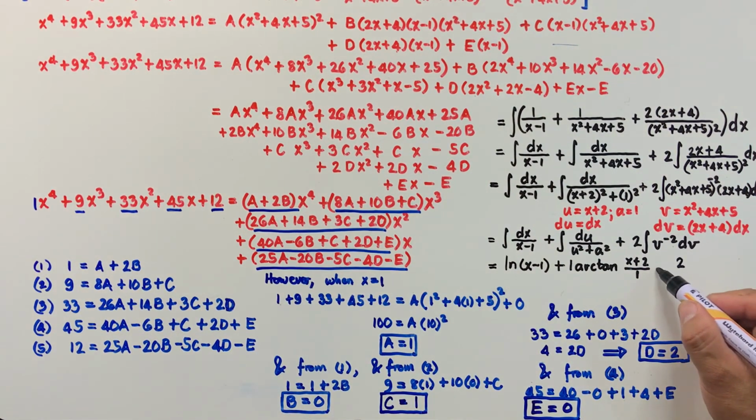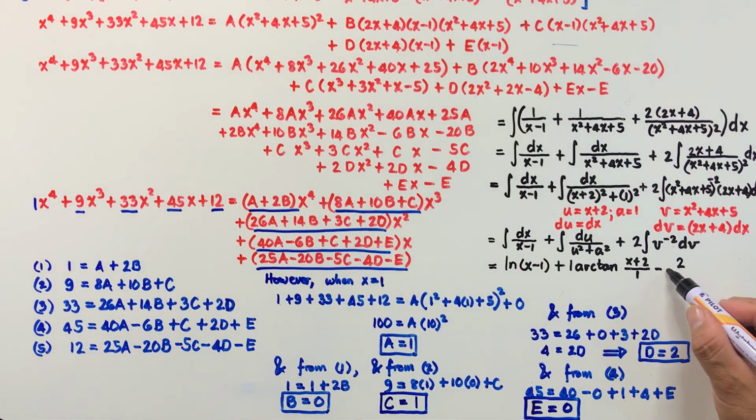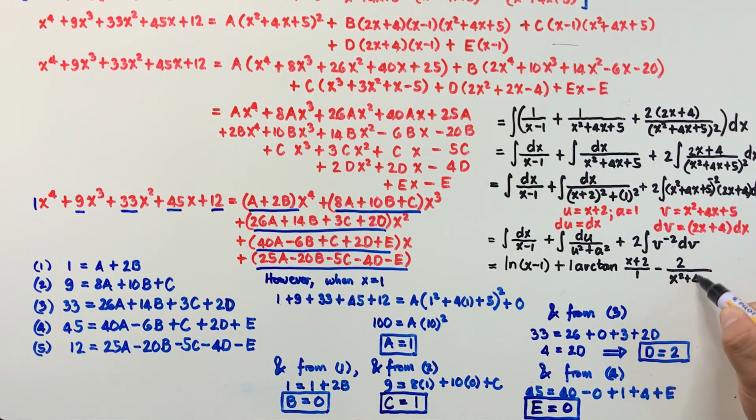So this becomes minus 2 over v, and v is x squared plus 4x plus 5, and this is added to the constant of integration c.